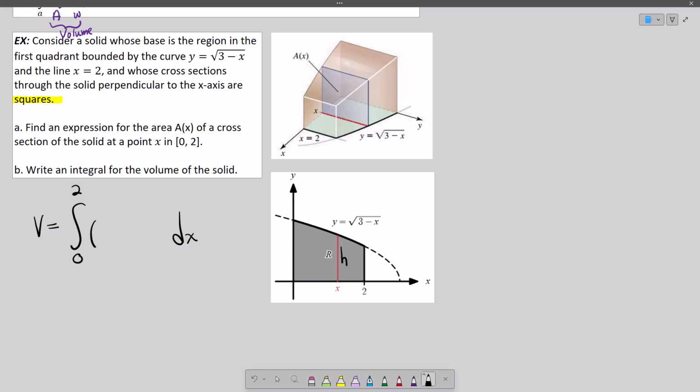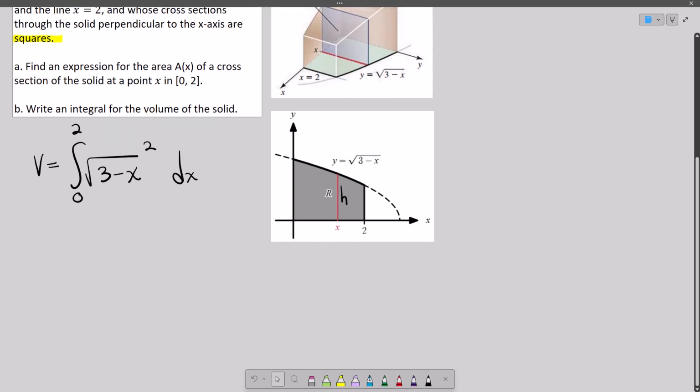So this is going to be, whoops, I forgot to put the square root symbol in there. This is going to be the area of the square at x. If I tell you one dimension of a square is x, its area is x squared. If I tell you one dimension of a square is 7, the area is 49. Right, whatever that one dimension is, you square it to get the area of the square.